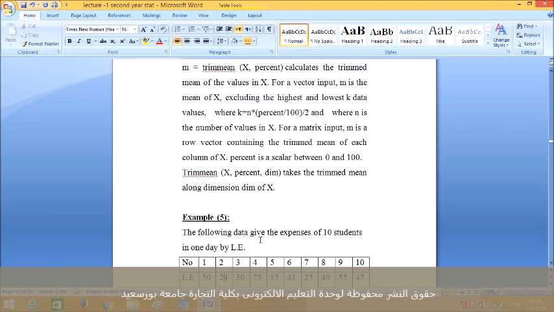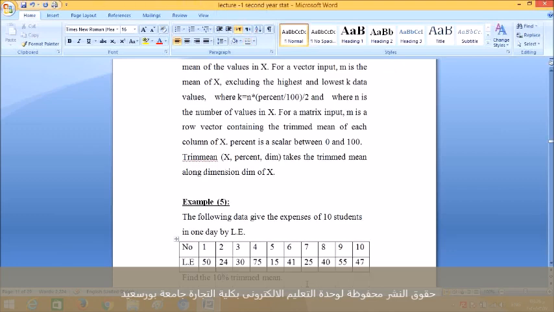The first row represents the 10 students, and the second row in this table represents the expense, or you can say the pocket money of every student.